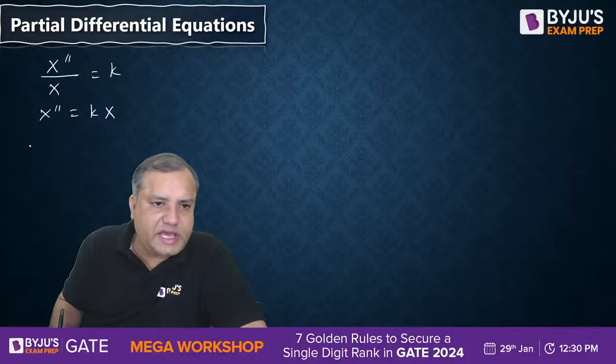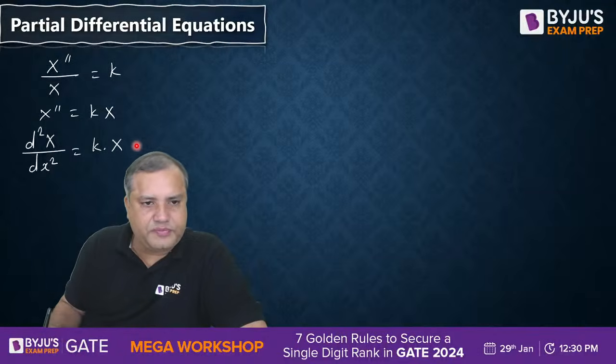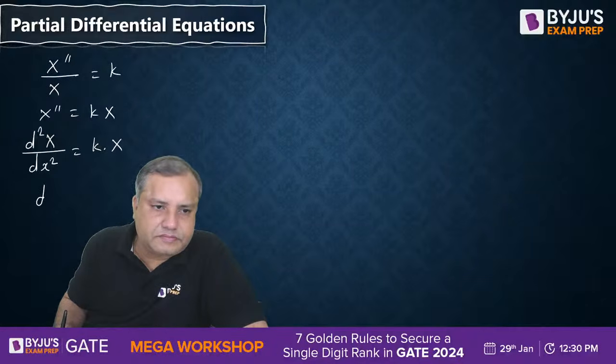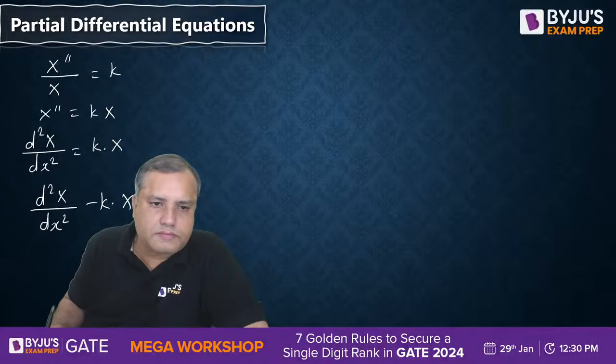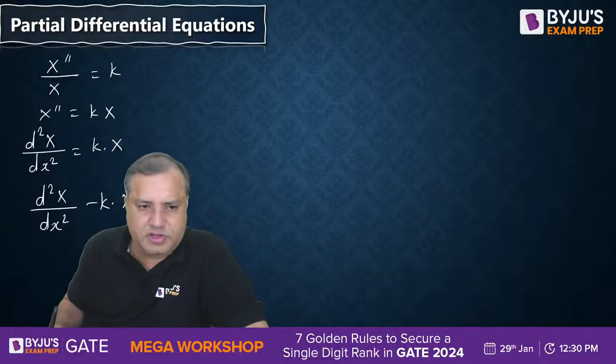X double dash upon x is k, so x double dash equals kx. Now bring this kx to the left hand side. Okay, we got this one.